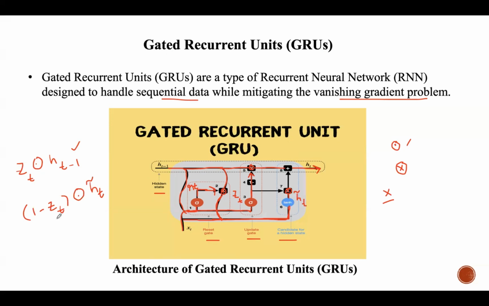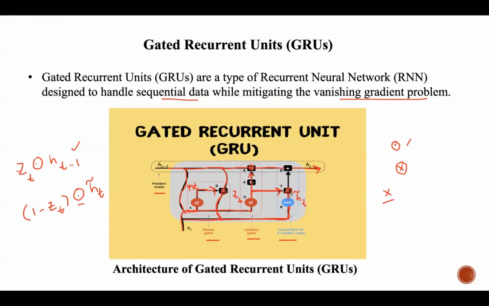Then coming to the second part, 1 minus z_t. So 1 minus z_t means this value. You can see 1 minus z_t in the picture, this one. So this is z_t, and that should be element wise multiplied with h_t hat.